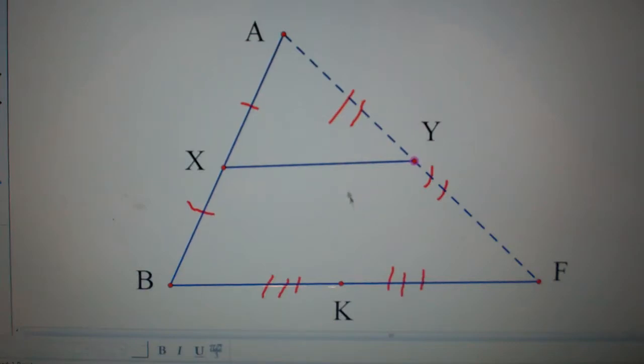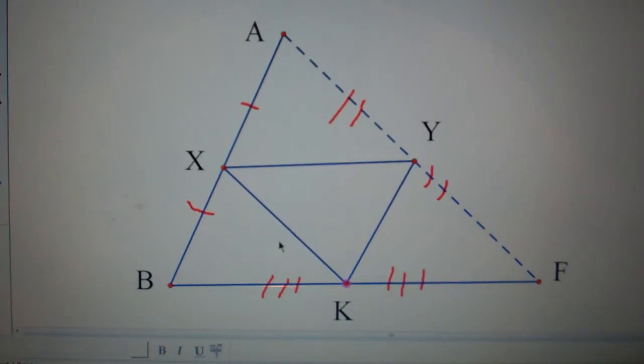So we could say that segment XY is a mid-segment of the triangle because it connects two midpoints, which are Y and X. I can also draw another mid-segment of the triangle, which would be from X to K. So from X to K would be a mid-segment of the triangle. And then the last mid-segment of the triangle would be from Y to K. Okay? So we can really say there are three mid-segments of any triangle.